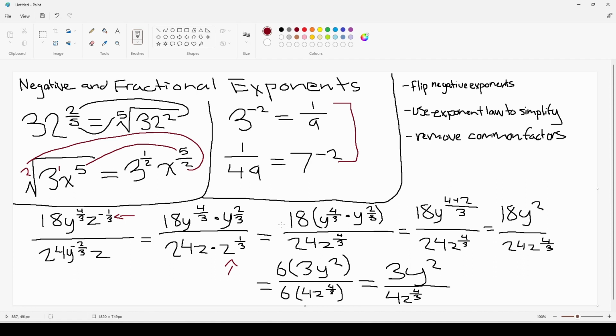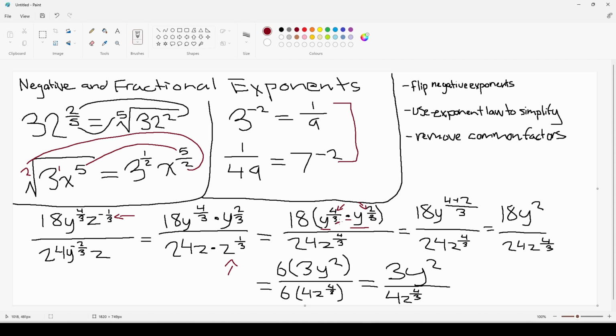Now what we can do with this is we can use the exponent law to simplify our expression. We take out the 18, and we just multiply y to the 4 over 3 by y to the 2 over 3, which is, of course, since we have a multiplication sign and the same base, we can just add these two numbers together.